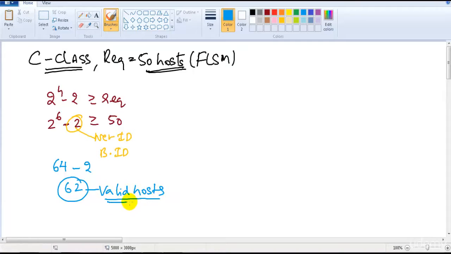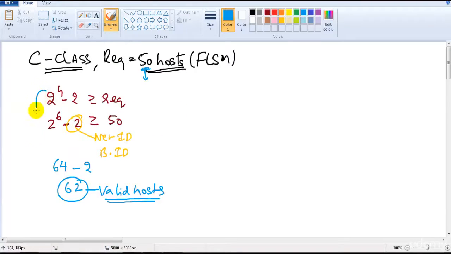Even though my requirement is 50 here, I get a size of 64. In that 64, I cannot use 2 addresses because the first and last addresses are the network and broadcast addresses. In future, if I want to add some devices, I can extend up to 62 devices.